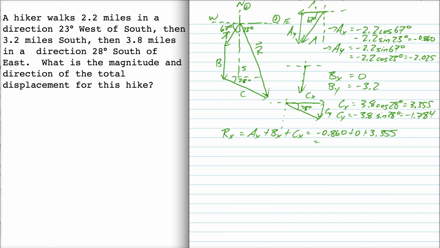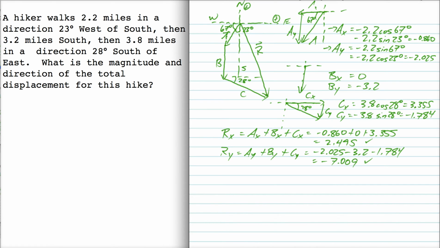So the x component of my resultant vector is 2.495, and the y component of my resultant vector is negative 7.009, which is kind of what I figured when I started. I figured we'd have a relatively small positive x component and a relatively large negative y component.